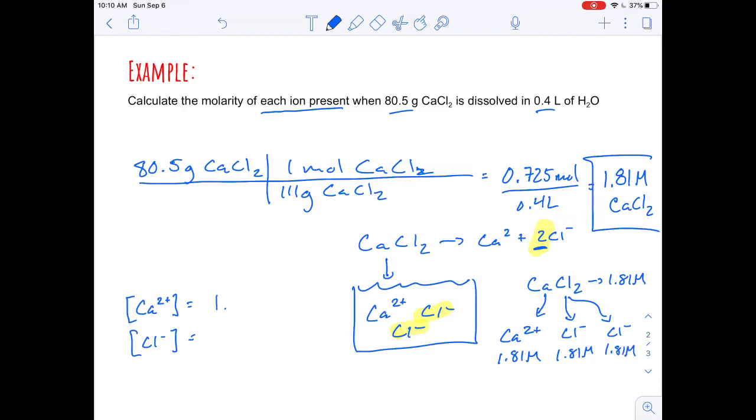So I have 1.81 molar of my Ca2+, but I have 3.62 molar of my Cl-. Because I have two of them, they have to add up, because each ion carries the same molarity from the original concentration.